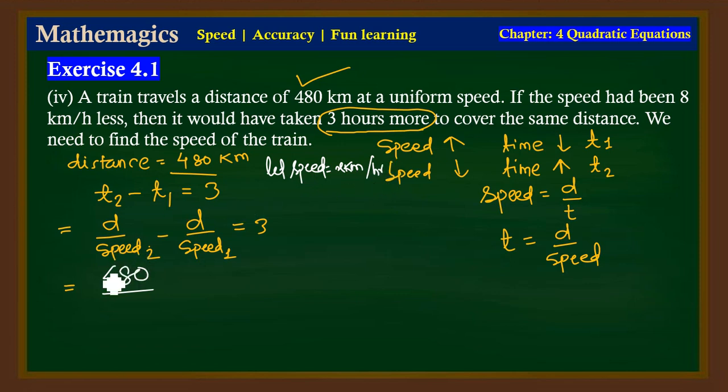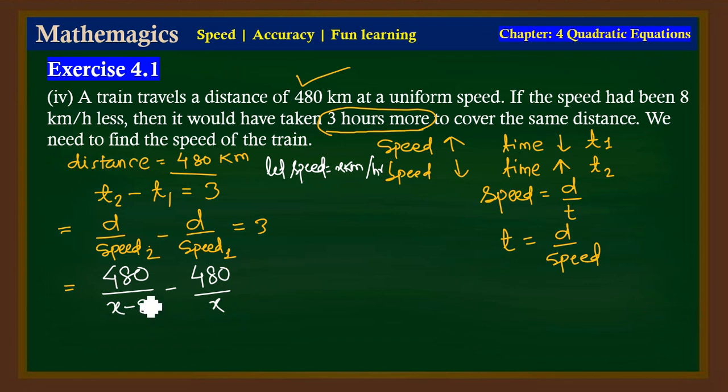So here the first case is saying 8 kilometer less. It means x minus 8 minus distance is again 480 divided by speed. What is the speed? Obviously it is x only, because if it goes at x it is taking less time, and if the speed is reduced by 8 then obviously it is taking more time.